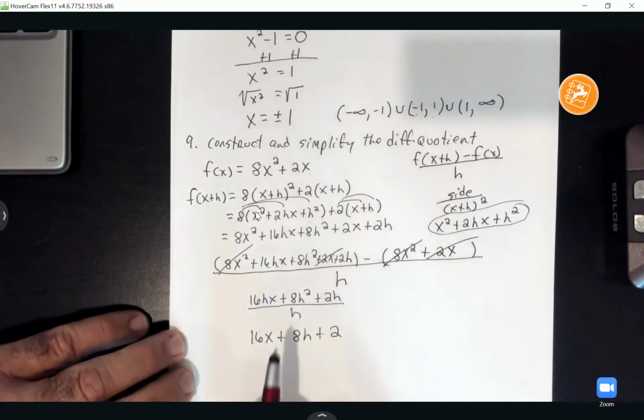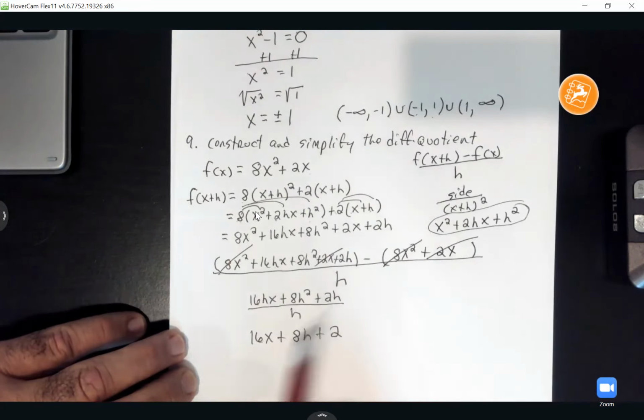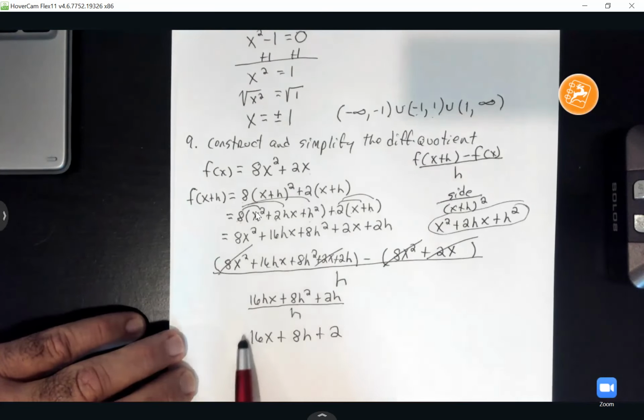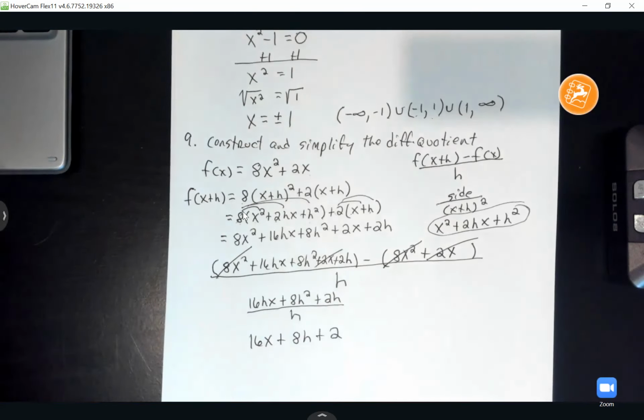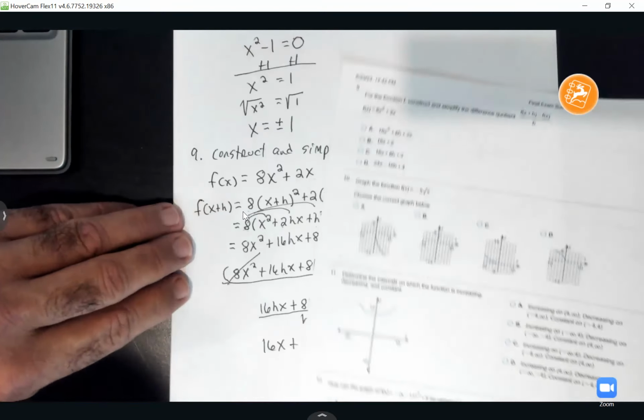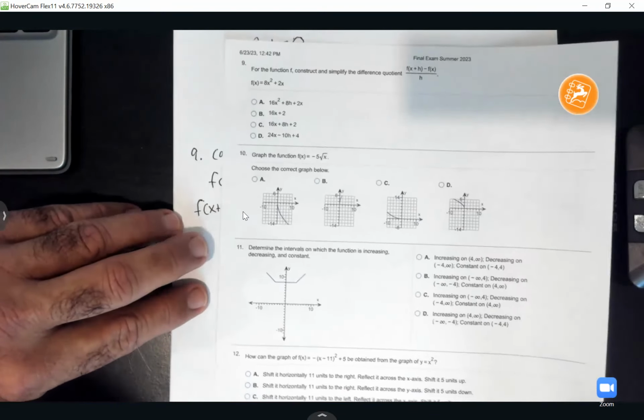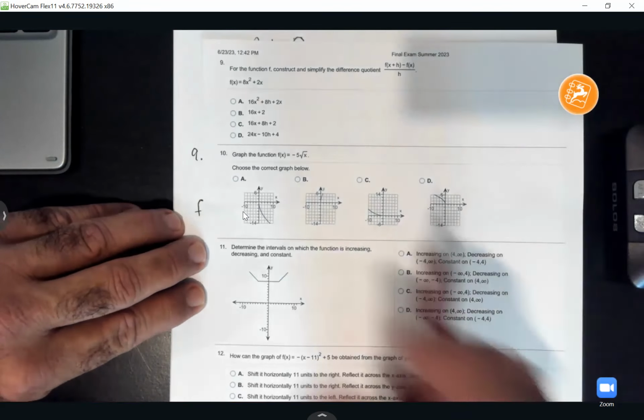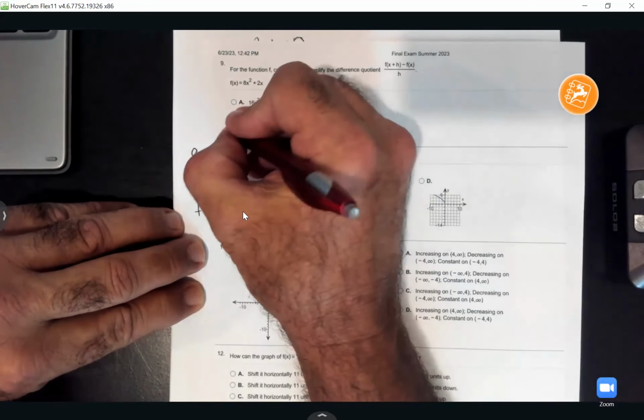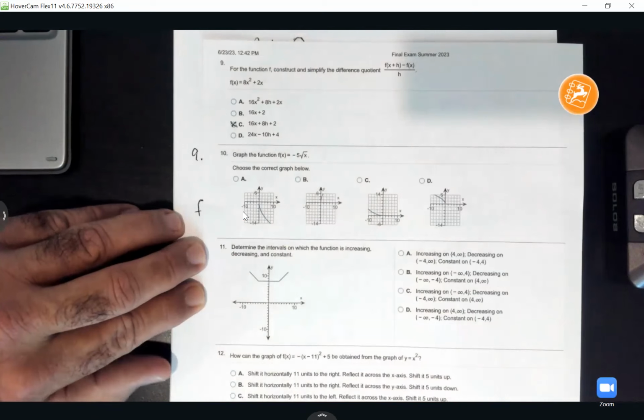There you go. Cancel one h from everybody on the top, get your final answer, and be done. So if you notice, what do we get? 16x plus 8h plus 2. So that would be your C on that one.